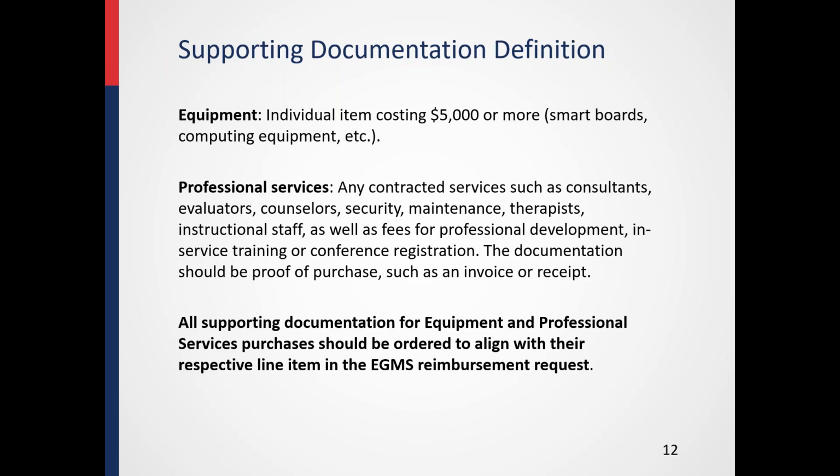These documents should include the proof of purchase, such as the invoice or receipt, as well as the proof of payment. All supporting documentation, when you're uploading it in EGMS, please upload it in the same order so that it matches the line items as you input them into the reimbursement request tab in EGMS.